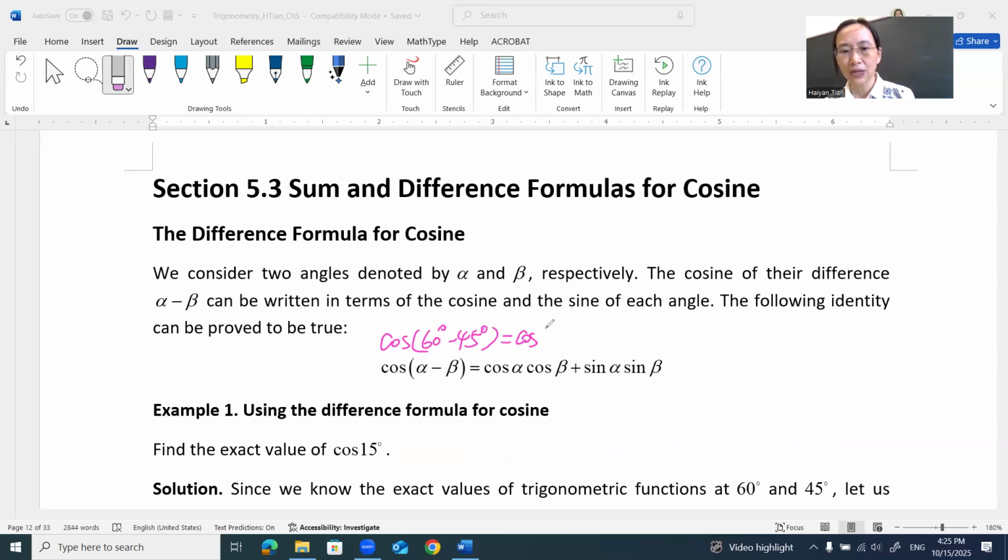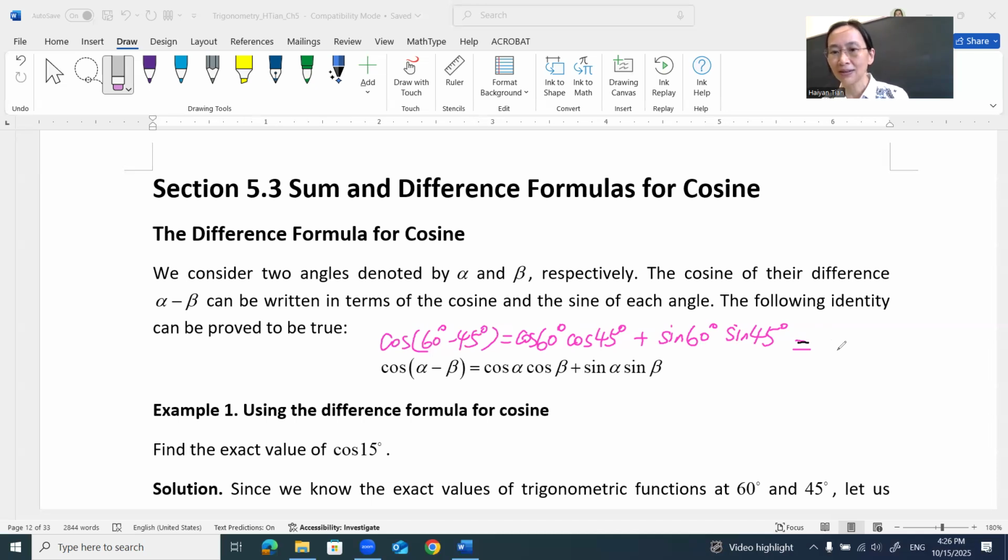Whenever we see alpha, we replace it with 60, and whenever you see beta, you replace it with 45. The 60 degree and 45 degree angles are special angles, and the trig function values are known to us, right? We already calculated them. So let's put the values in.